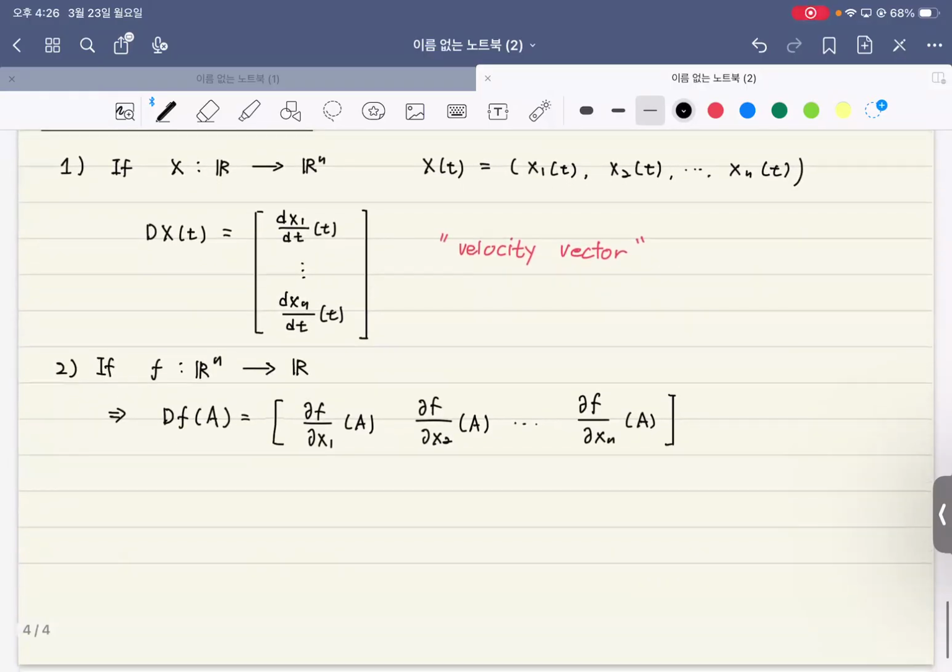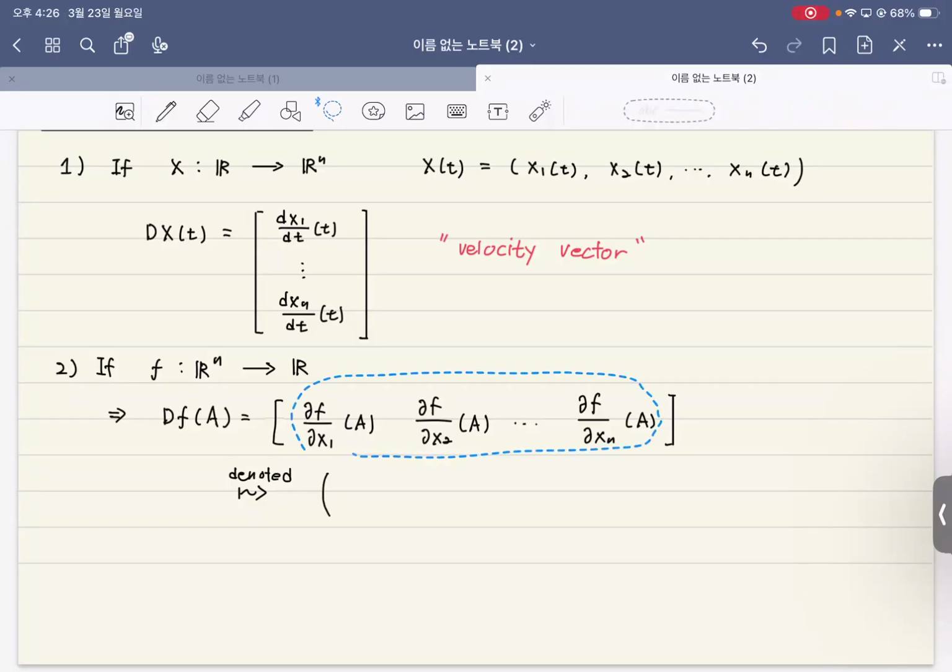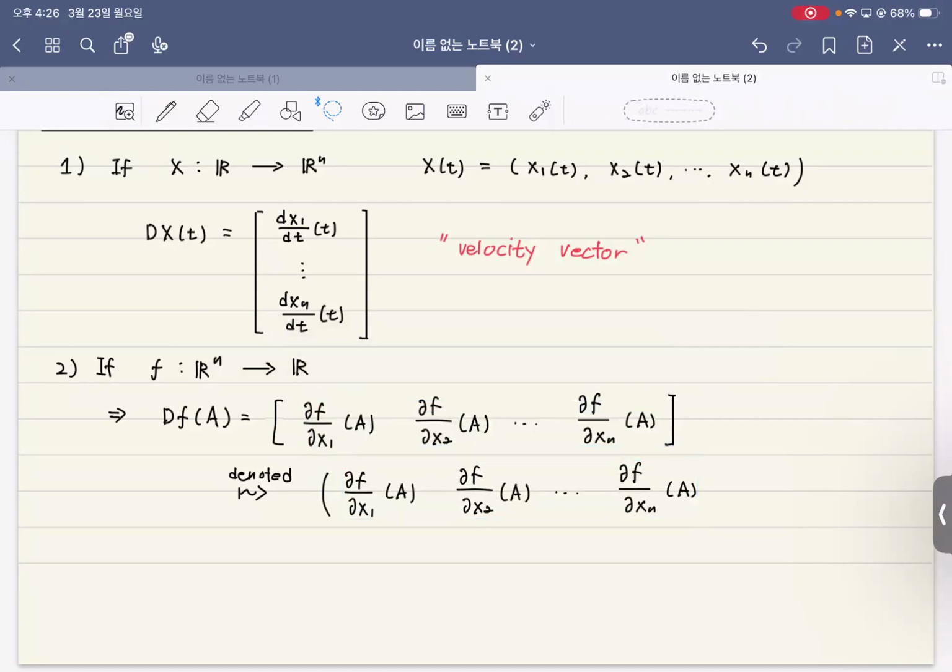And this vector is usually denoted like this.